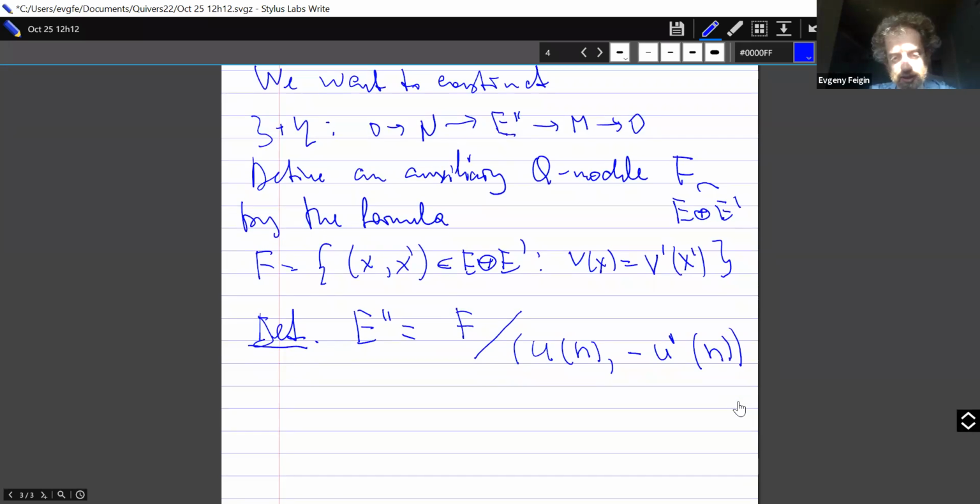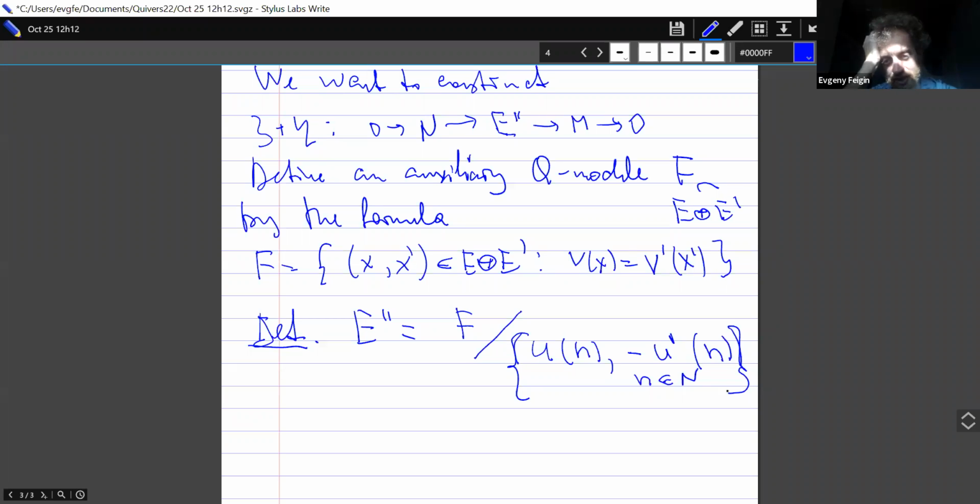We take F, which consists of pairs modulo some condition, and we take a subspace consisting of pairs of this form for all n in N. An obvious observation is that if you apply V to u of n, then you get 0.